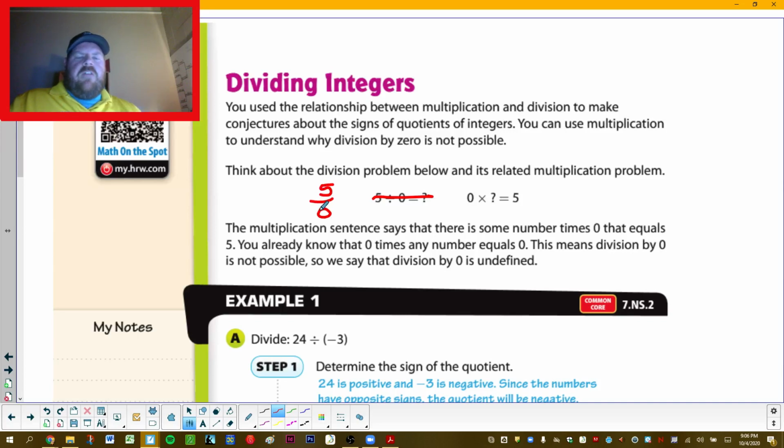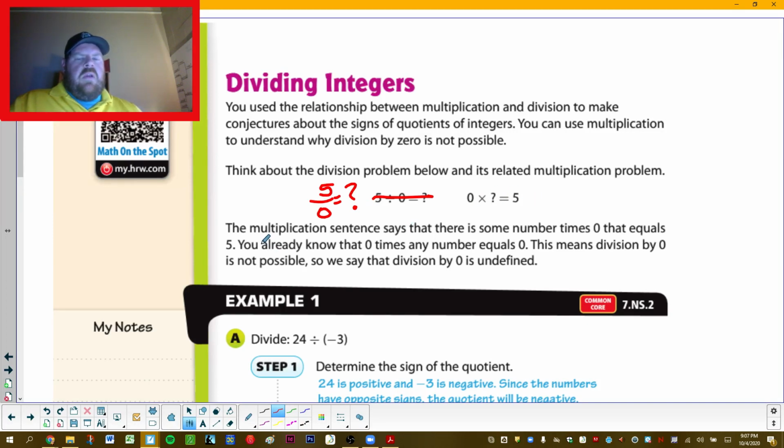We saw 5 divided by 0 equals something. And so what we want to think about in that previous page where we were looking at those different problems, we want to look at 0 times this something equals 5. Well, I can't multiply 0 by anything to give us 5, because 0 times anything is always 0.